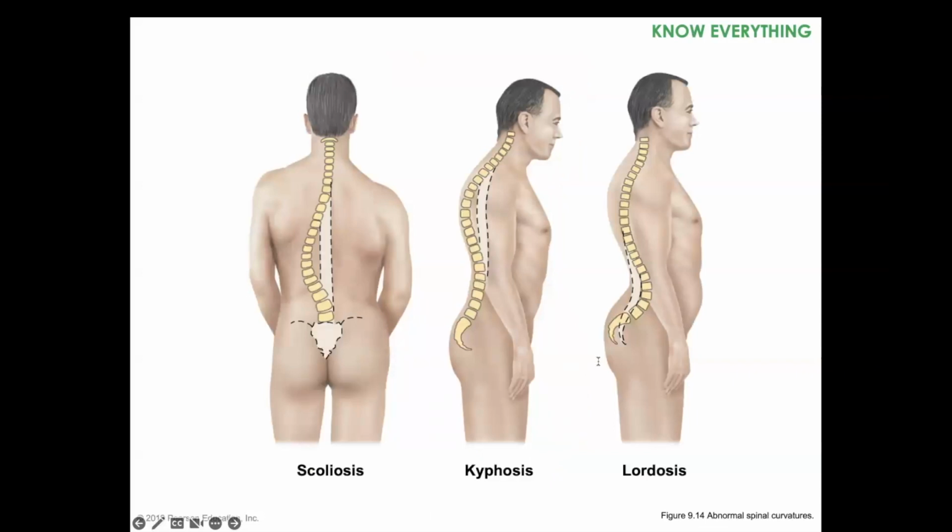So this figure shows abnormal spinal curves. This image will be on the practical, so know this, be able to tell me which one's which. Scoliosis has a lateral curve, so kind of like that S pattern curve. So the spine goes left and right.